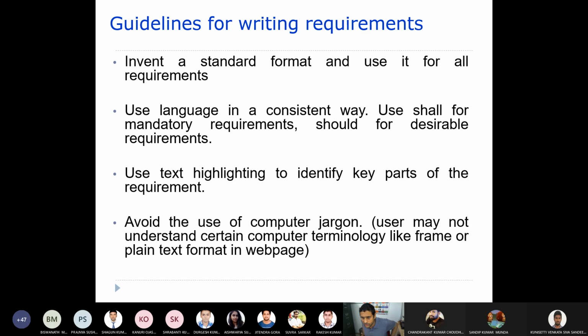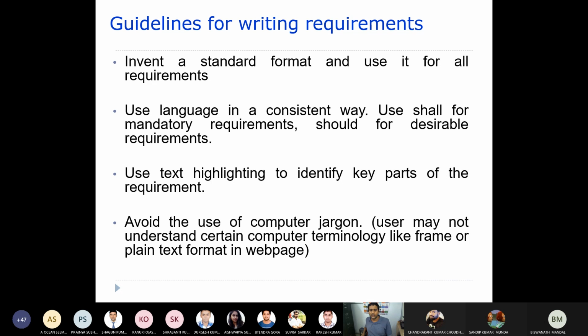Avoid the use of computer jargon. As I told you before also, you should not be using any computer terminology here. If you are using computer terminology, probably the user will not understand. Let's say you say plain text, or frame, when you are talking about web page design or web technology.